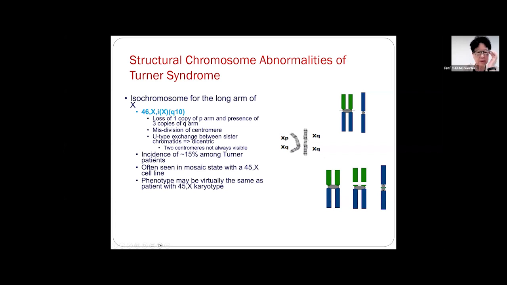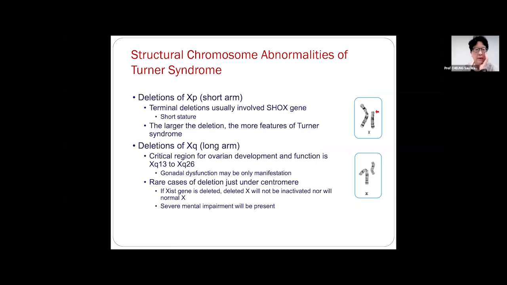So the incidence is 15% among Turner's patients, usually also in mosaic state, and phenotype may be virtually the same as those Turner 45X karyotype. And you also have the XP deletion, and you also have the deletion of XQ.